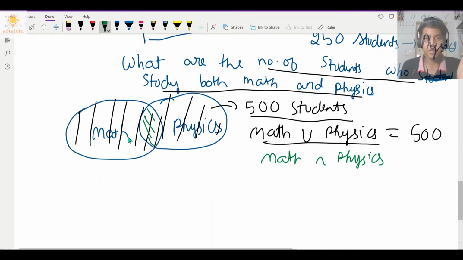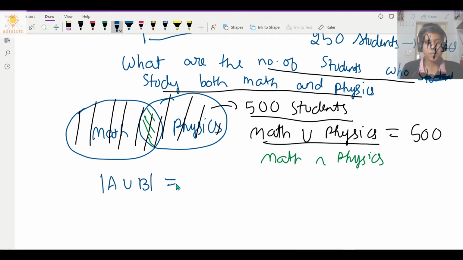So we know that for two sets A and B, the number of students in A union B will be equal to the number of students in A. For this case it's students, but in a general case it will be the elements in the sets, right? So let's take students here. The number of students in A union B is equal to the number of students in A plus the number of students in B minus the number of students in A intersection B, right?